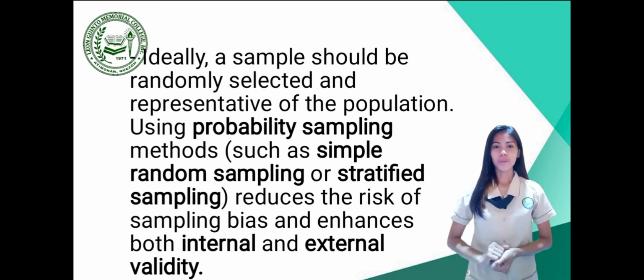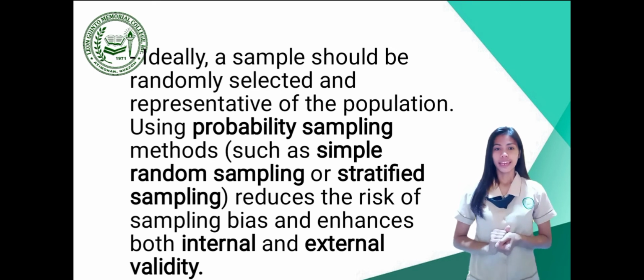Ideally, a sample should be randomly selected and representative of the population. Using probability sampling methods such as simple random sampling or stratified sampling reduces the risk of sampling bias and enhances both internal and external validity.